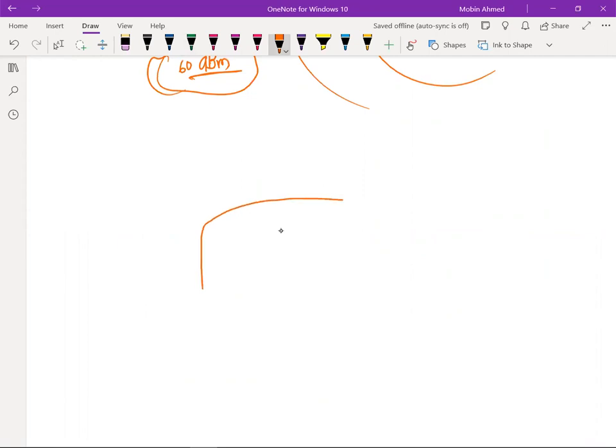It is going to be something like this. This is the waveguide.